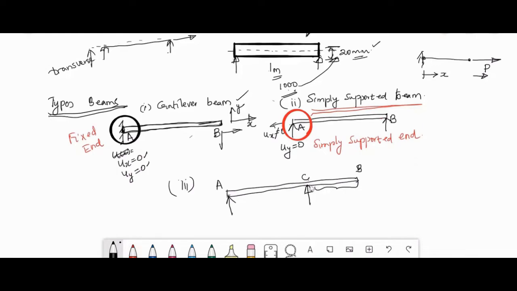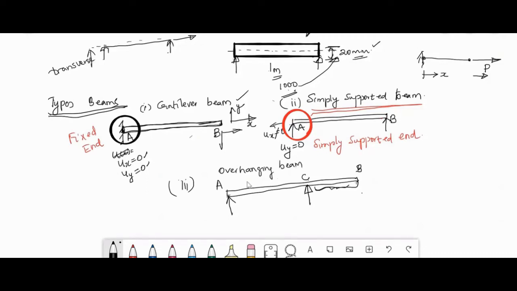But the beam is extended beyond the support, and there is no support there. It is a free end, so this is like overhanging. This type of beam is the overhanging beam.